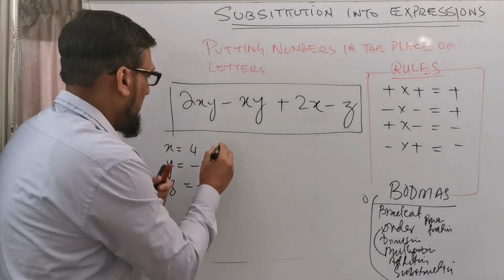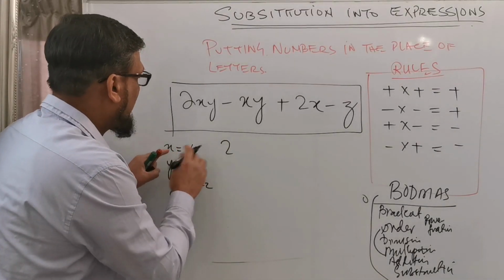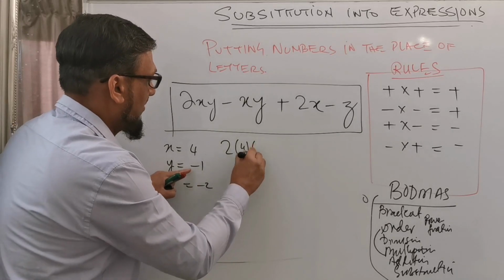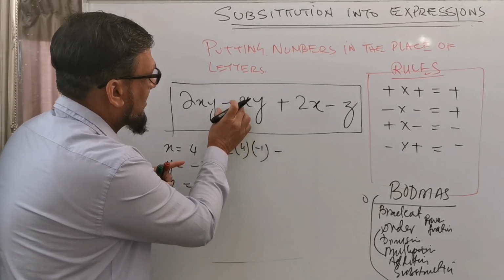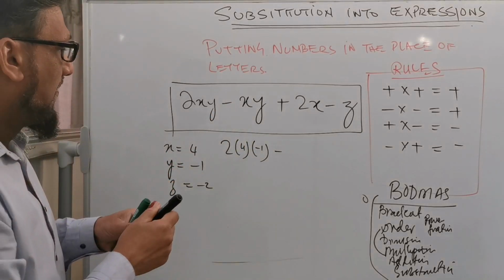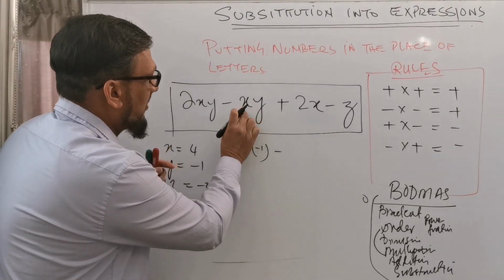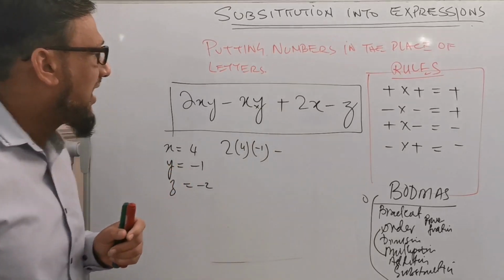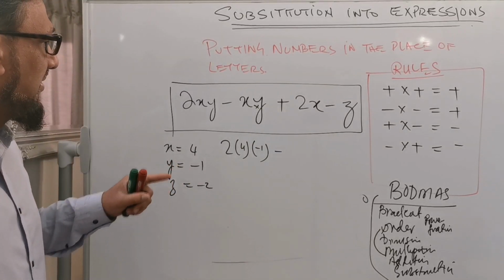So 2x means 2 times 4, and y means minus 1, and then the sign for the minus, xy. So xy means x times y.